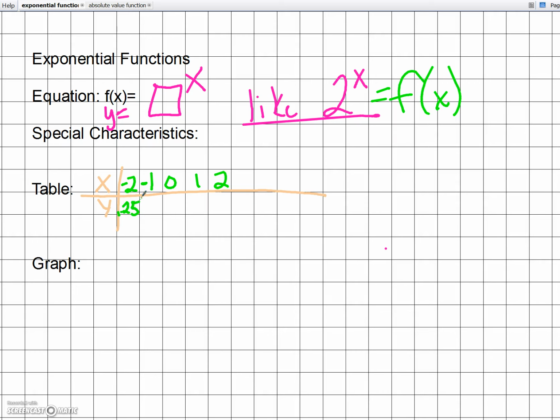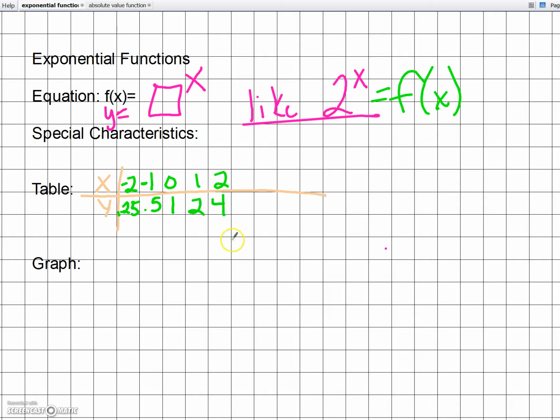And then 2 to the -1 power is 0.5. 2 to the 0 power, anything to the 0 power is always 1. Okay, 2 to the first power is 2, and then 2 squared is 4.